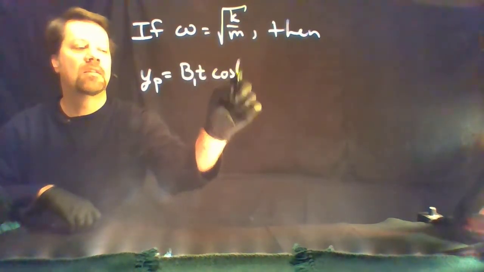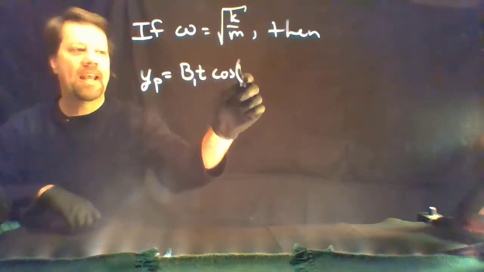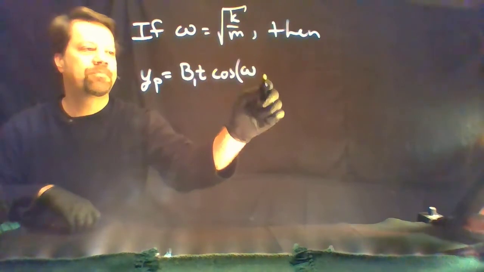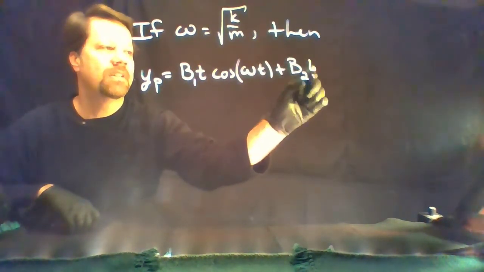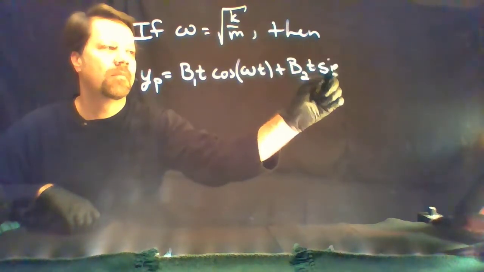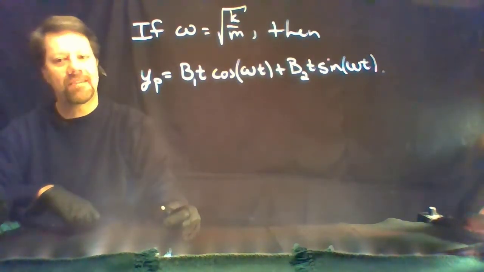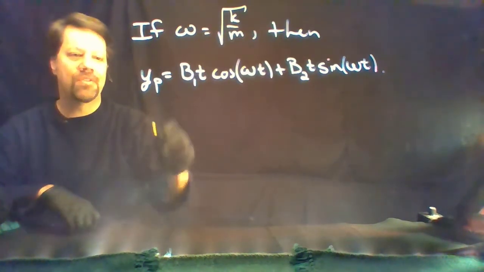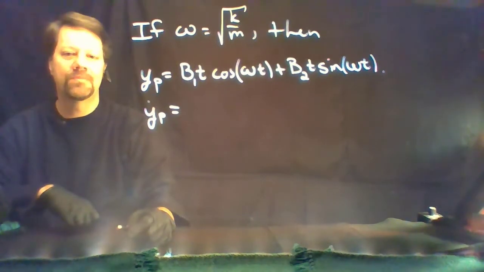b1 t cosine omega t, and omega will be root k over m. I'll just write it as omega. Plus b2 t sine omega t. Now it's a little more complicated calculating those derivatives because we need to use the product rule.